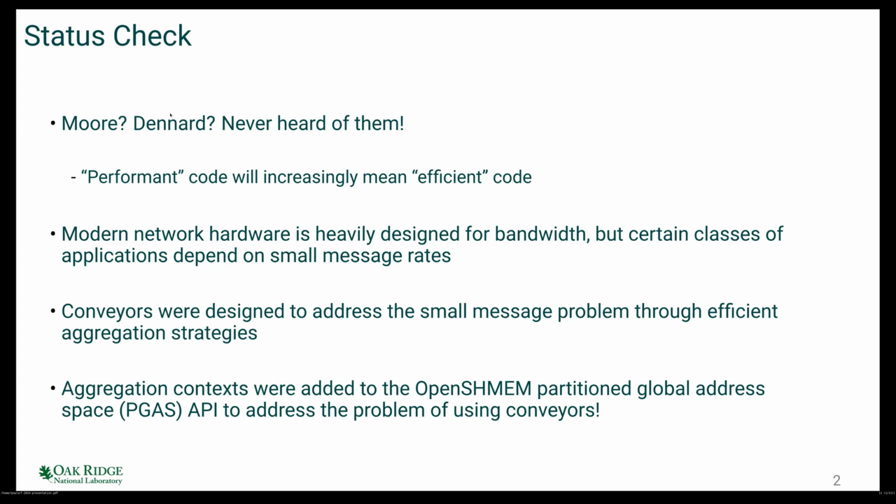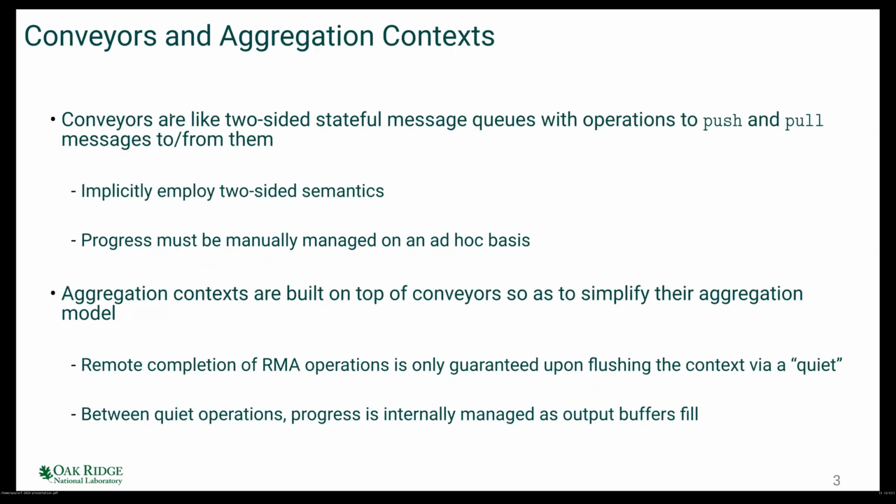But what we added a little while back was a strategy built on top of it that we called aggregation context, and we demonstrated it in the OpenSHMEM PGAS API. And the problem that solves is the process of actually using conveyors. It's a little bit more involved and comes with its caveats.